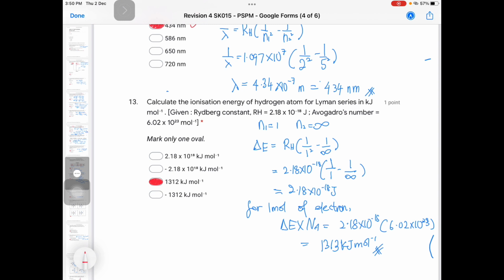Jadi kita substitute dekat dalam delta E, kita dapat delta E sama dengan 2.18 exponent negative 18 joule. Jadi untuk 1 mol of electron kita darabkan dengan Avogadro constant, so kita dapat 1313 kilojoule per mol. The answer actually dalam joule per mol, so ini saya dah tukar pergi kilojoule per mol, so dapat 1313 kilojoule per mol.